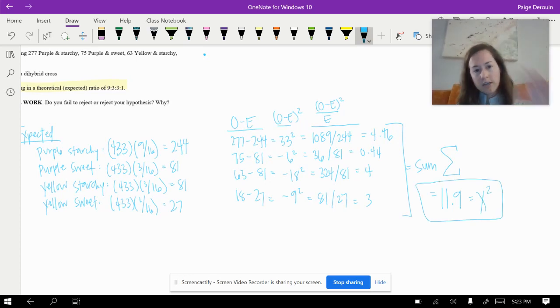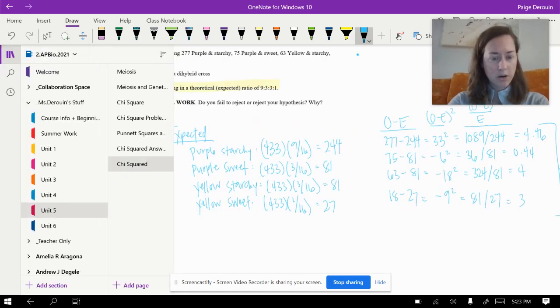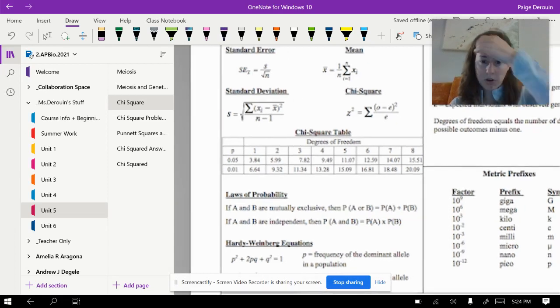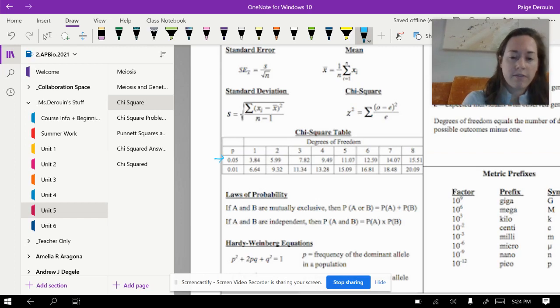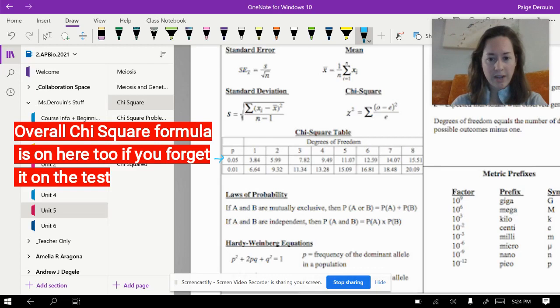So that's your answer. But then you have to go and look at your table for chi-square, which will be on your formula sheet for AP Bio. Okay, so here's our chi-square table. This is not a super great image of this, but we're always going to look at this 0.05 section of the chart. For this problem, we had 3 degrees of freedom because there were 4 possible phenotypes.